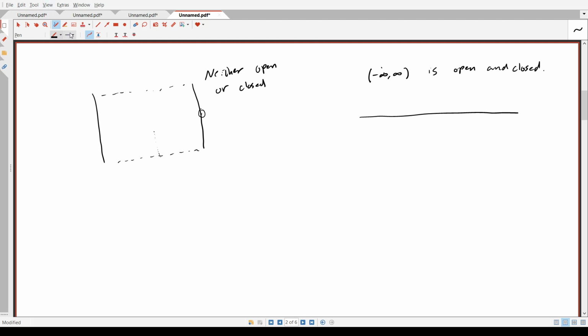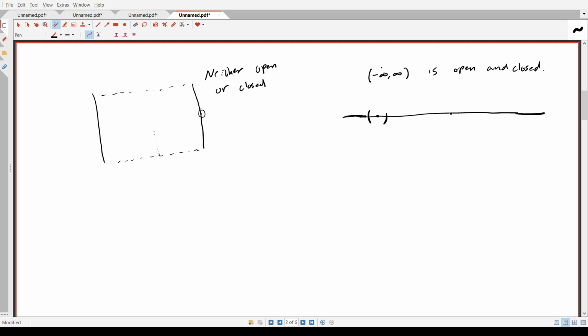I can also make this a little bit bigger. Okay, so if I'm just doing the entire real number line, right? If I pick a point, I can always draw an interval around it and it's fully contained inside of the real number line, because it contains everything.